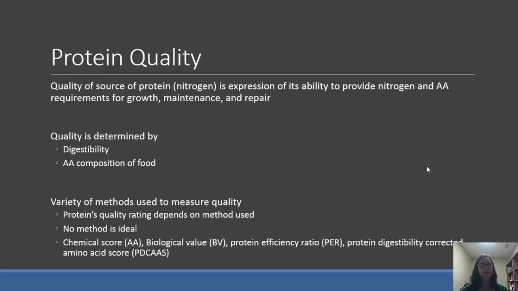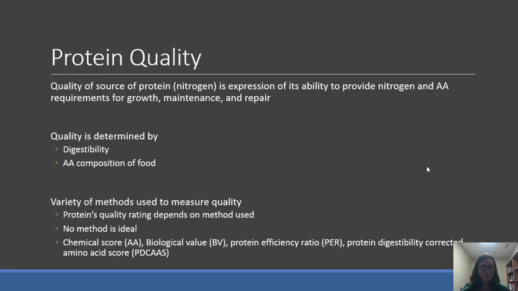So the quality of the protein is expressed as its ability to provide nitrogen and amino acids that are required for maintenance, growth, and repair. The quality of the protein is determined by the amino acid composition of the food, as well as the digestibility of the food.